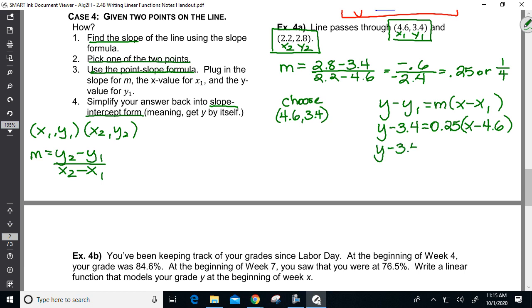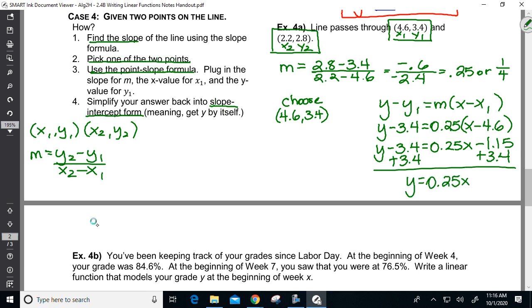That means distribute. And get y by itself. Yes, I chose decimals on purpose to work with decimals. Decimals are numbers too.